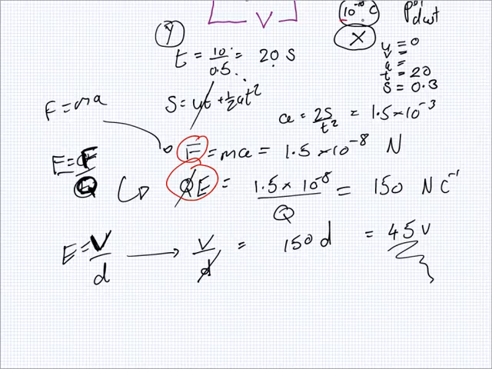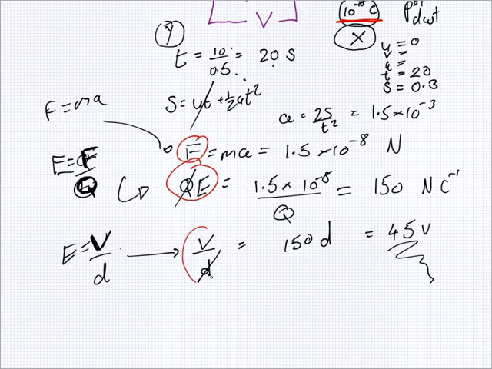Q is 10 to the minus 10. E equals V over D, correct.